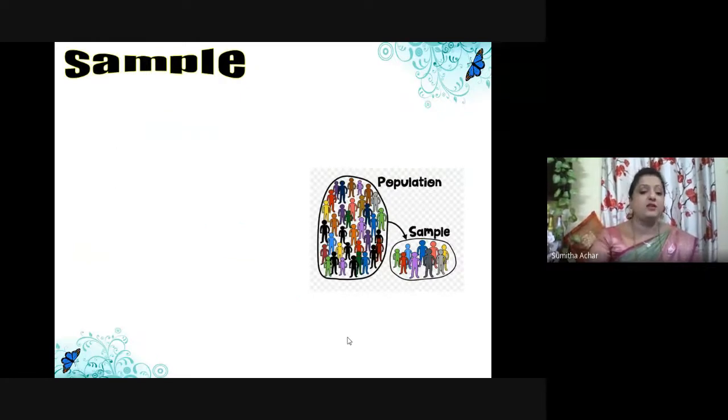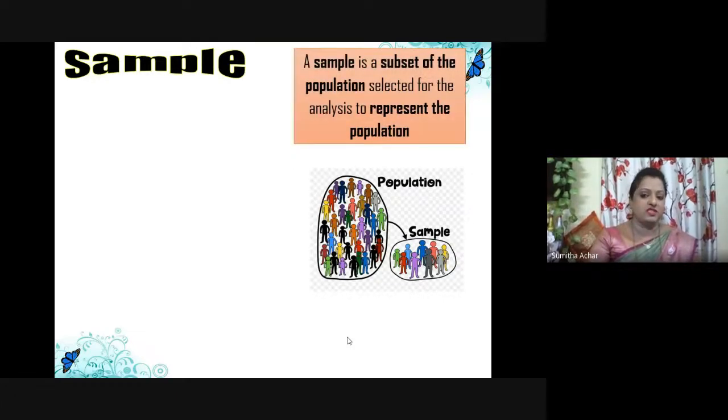Now let's get back to something called a sample, right? Now you know what is population. So what is the sample? Definitely a subset of a population, right? But understand your sample should be representative of a population, right? You also have to define the population in your study, and the sample should be from the population.